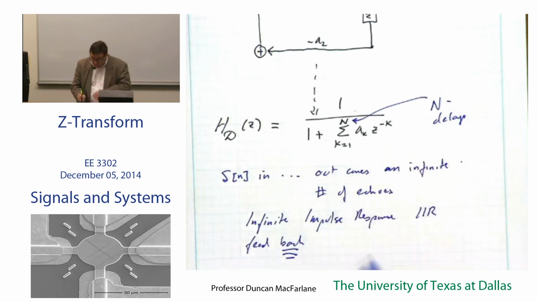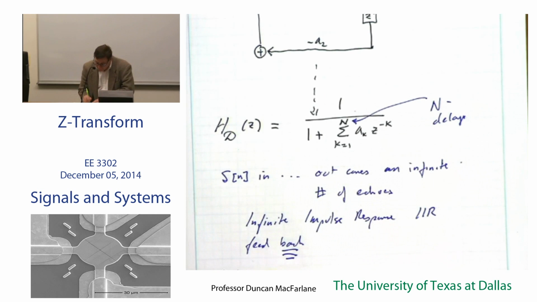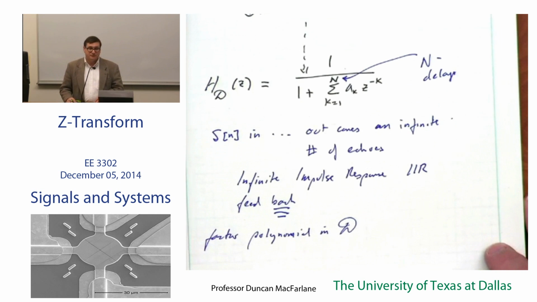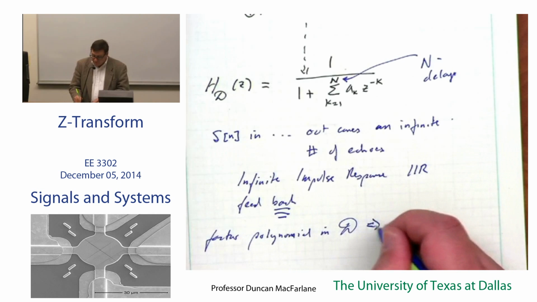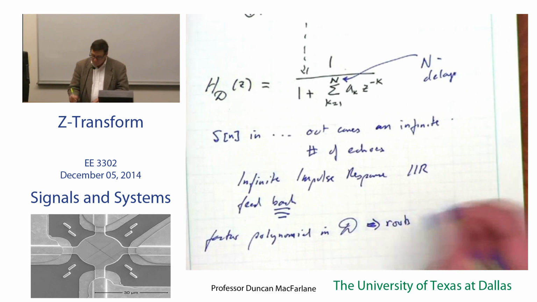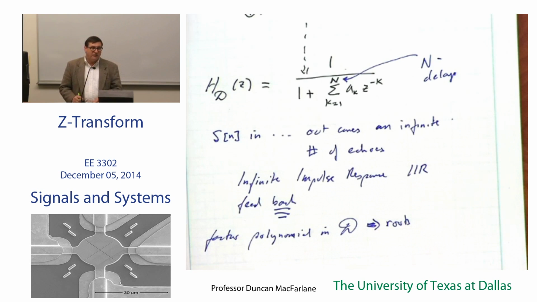So this polynomial in the denominator, and the roots of that polynomial are the location where the transfer function is going to go infinite.